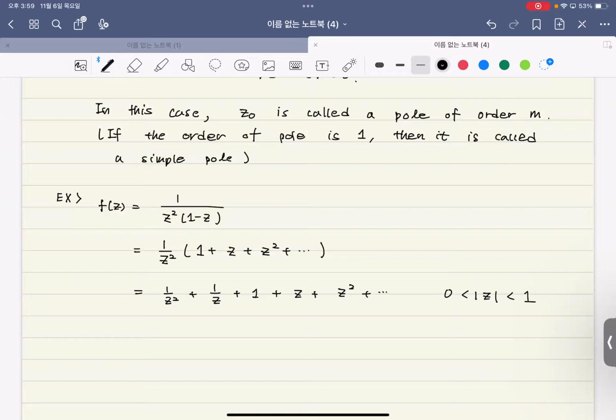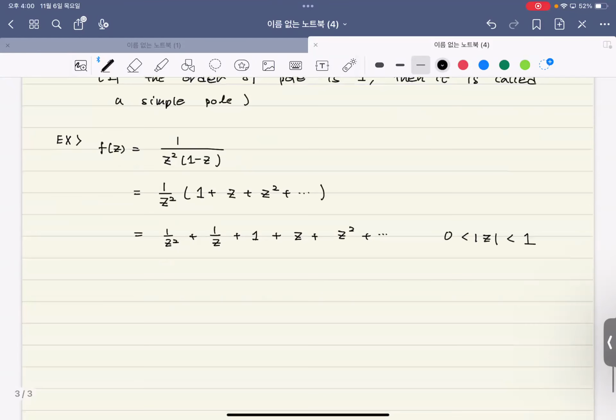And what about z equals 1? What do you think is the order of this pole? I guess that should be a simple pole. If you're not that convinced, then maybe we can try to find the Laurent series about the singularity at z equals 1.